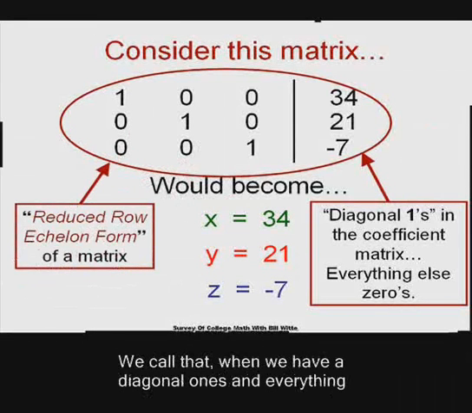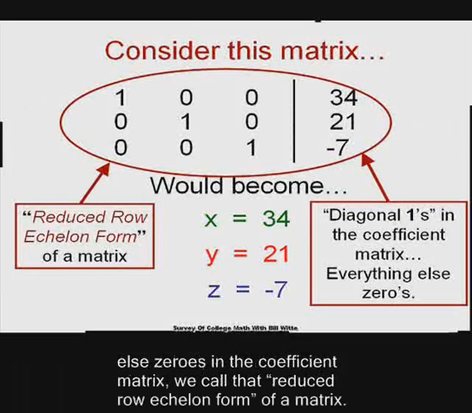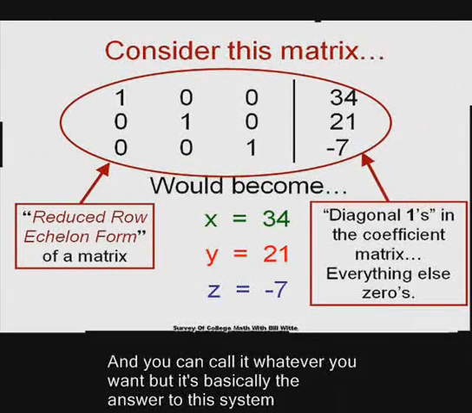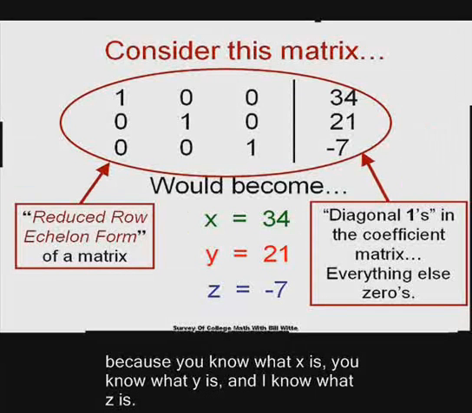We call that, when we have a diagonal of 1s and everything else 0s in the coefficient matrix, reduced row echelon form of a matrix. You can call it whatever you want, but it's basically the answer to the system because you know what x is, you know what y is, and you know what z is. And that's usually what you wanted to know.